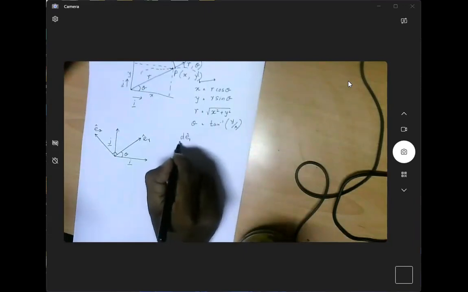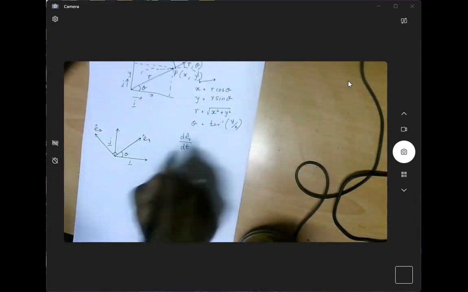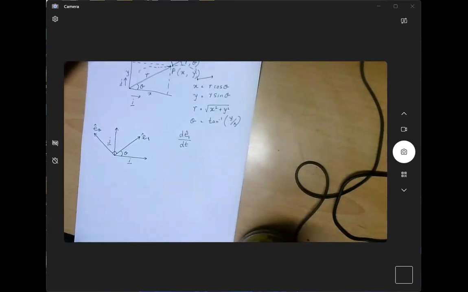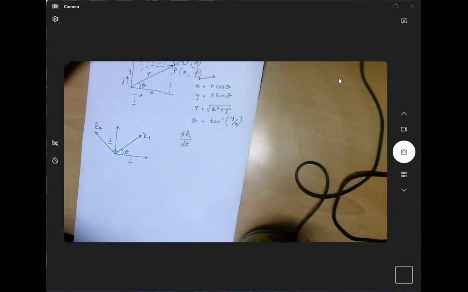So let's find d e_r over dt. How are we going to do that? You differentiate e_r with respect to time.